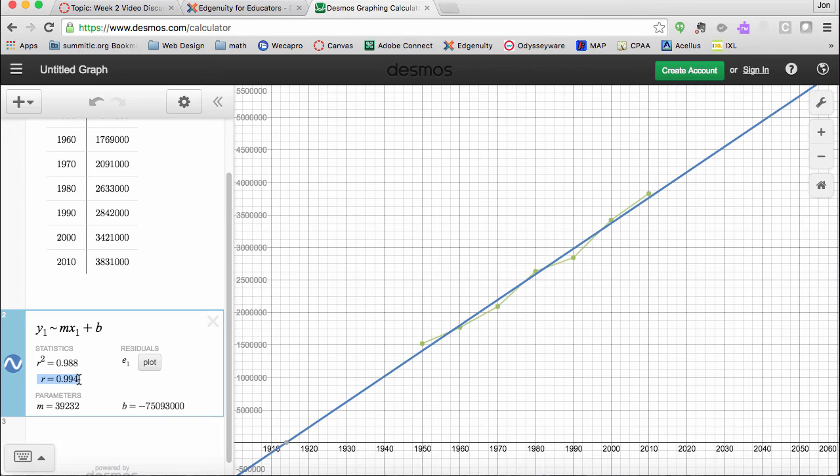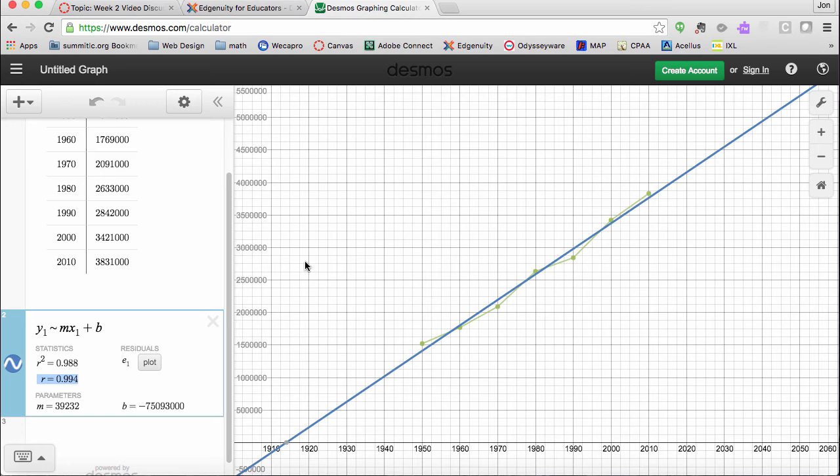If it was exactly 1, that would mean all of our points fit exactly on a line. If it was negative 1, it would mean it's a decreasing graph, but it fits perfectly. If it was exactly 0, there would be no correlation. This does not fit a line. It does not fit anything. So we got 0.994. That was really high. That means that this linear equation is a good fit.